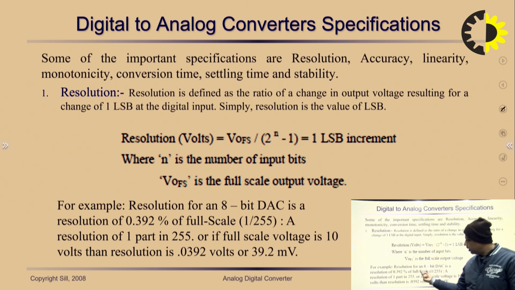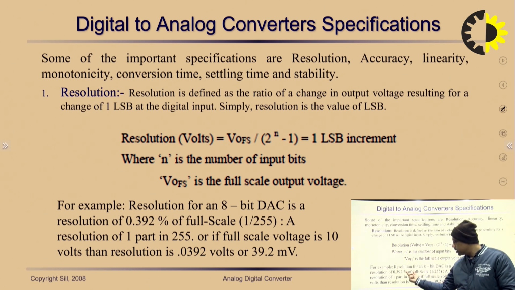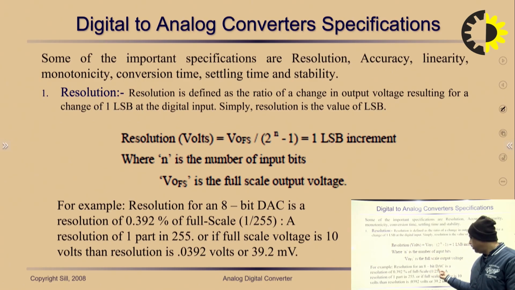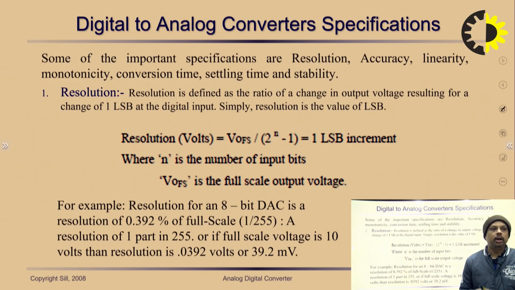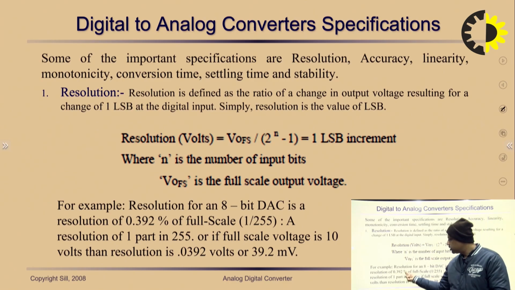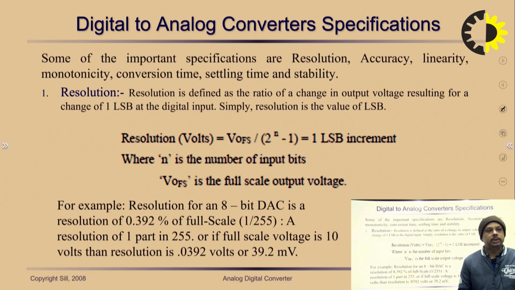If we take this full scale reading of 100 and divide it by 255, which is nothing but 2 to the power n minus 1, that is 2 to the power 8 minus 1, we have 0.392 of the 100 volt scale. If we convert into percentage, it becomes 0.392%.